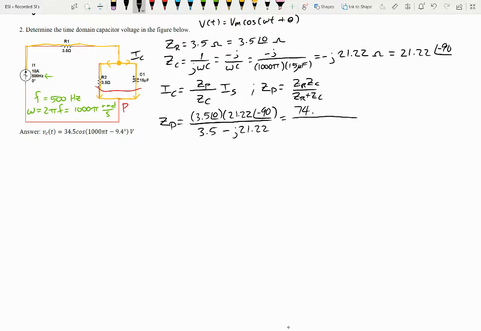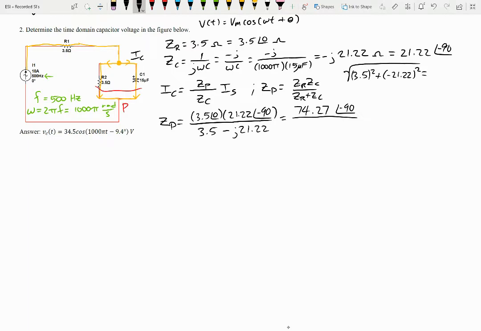we get 74.27 at angle -90. Then we need to convert this bottom here, and remember it's just going to be the square root of 3.5 squared plus -21.22 squared.